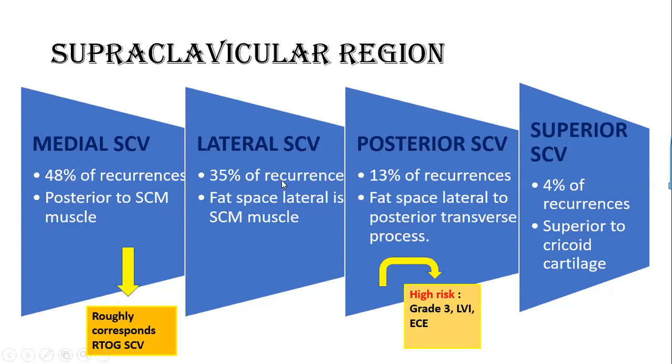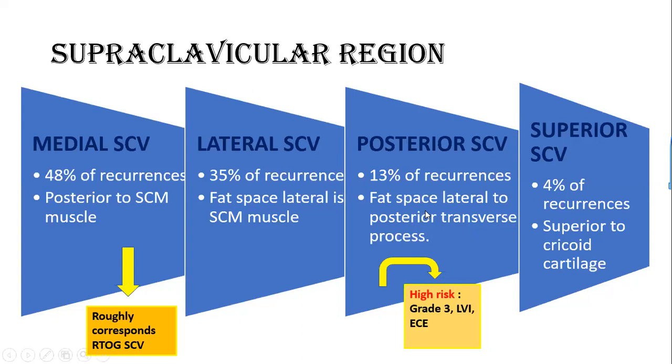So what are the remaining relapse patterns? The lateral supraclavicular and the posterior, which both comprise about 50% of these recurrences. The lateral one is the fat space lateral to the sternocleidomastoid muscle, whereas the posterior SCV is the fat space lateral to the transverse process.